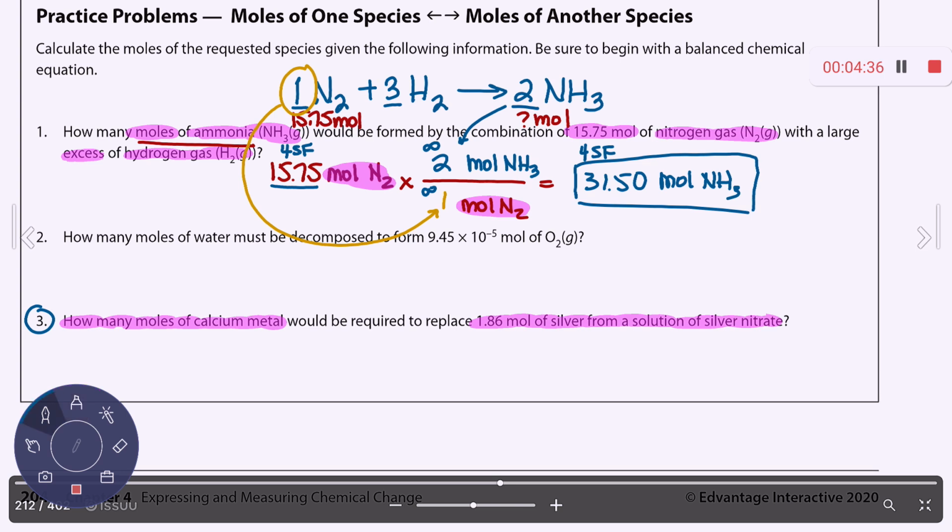Okay, so I've got calcium metal reacting with silver nitrate, which is AgNO3. The calcium and the silver will switch places. It's a single replacement reaction. I'll kick out silver and I'll make calcium nitrate. Okay, so here's my balanced equation.